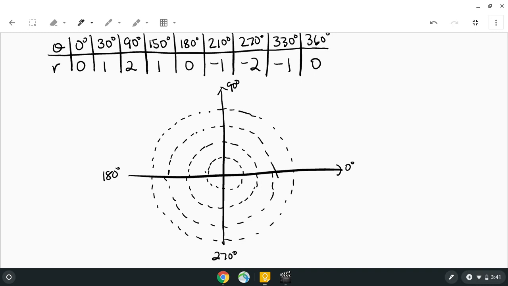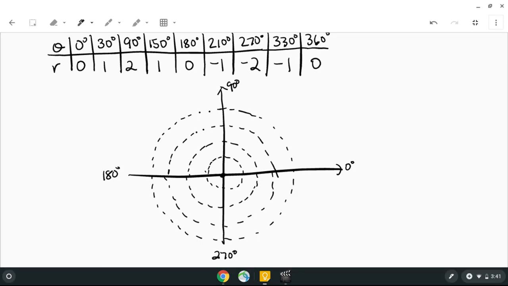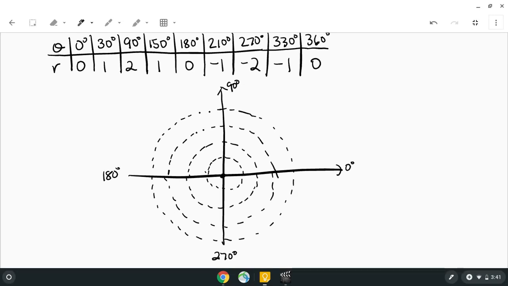Starting from 0 degrees, we have a point at 0, so no radius. At 30 degrees, 1, so right around here.